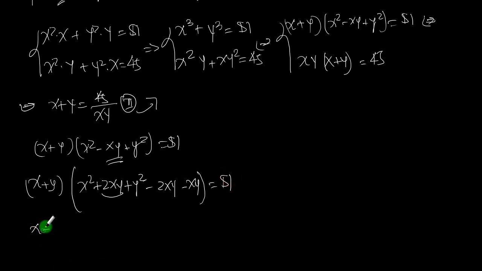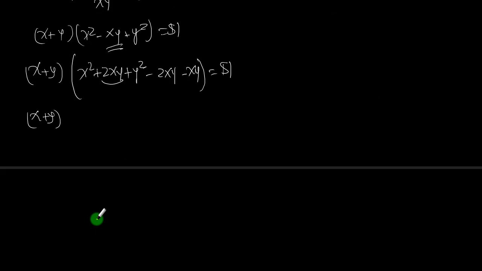So I'm going to have x plus y, multiplied by a perfect square, x plus y squared, minus 3xy, and this is going to be 81.